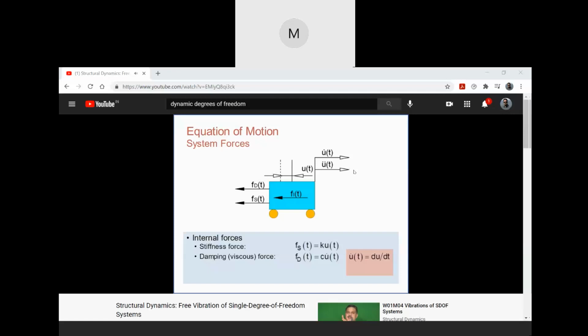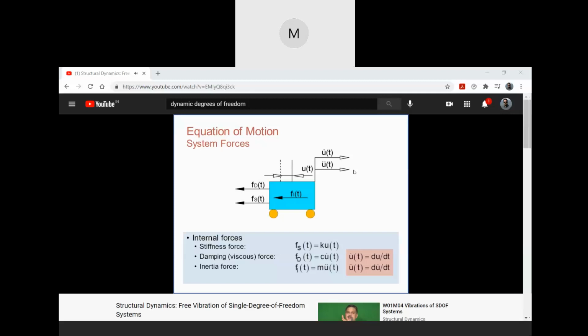The third internal force is the inertia force, denoted as Fi, which is equal to the product of the mass m times the acceleration U double dot. This force has an opposite direction to the acceleration.